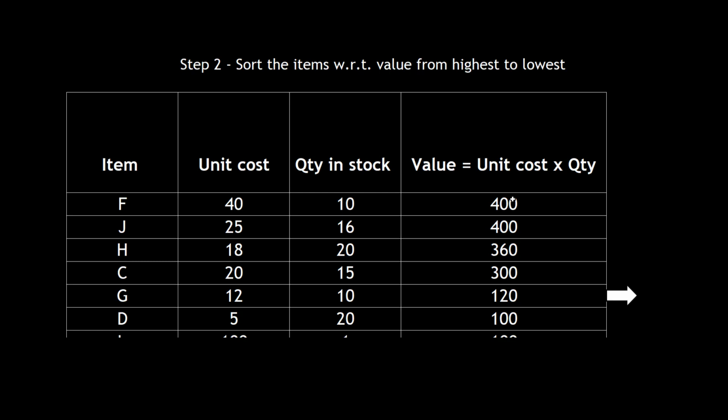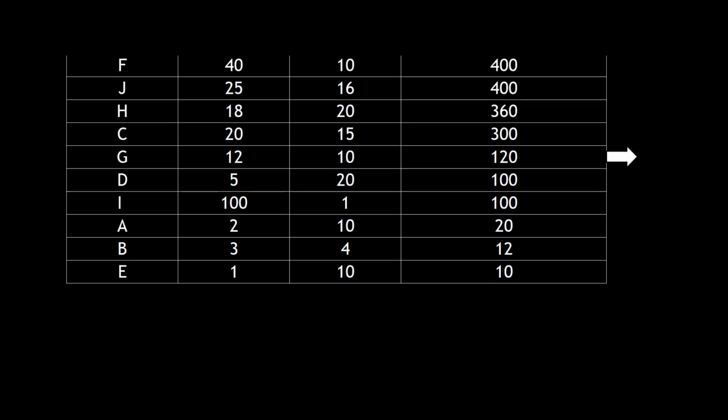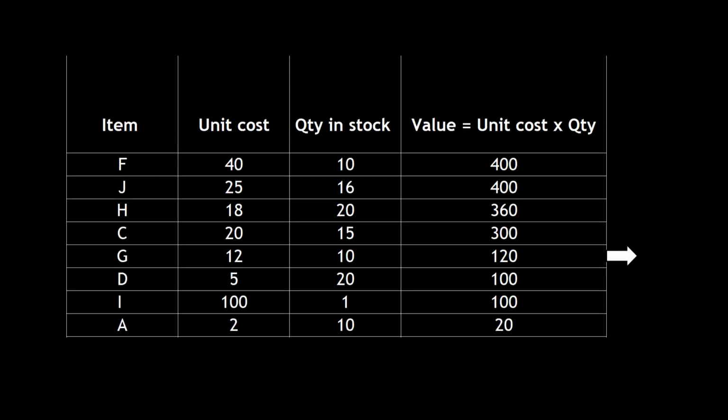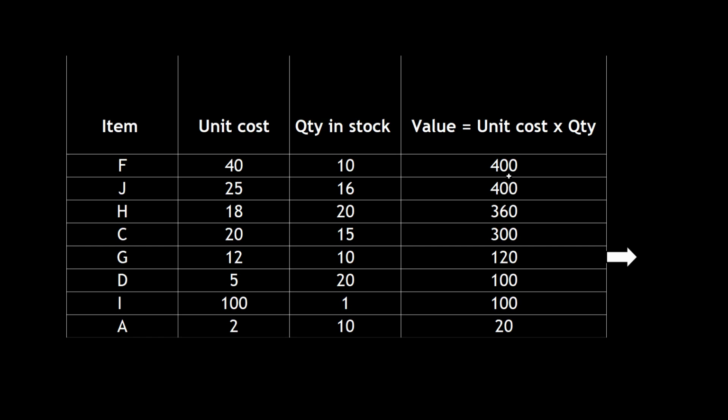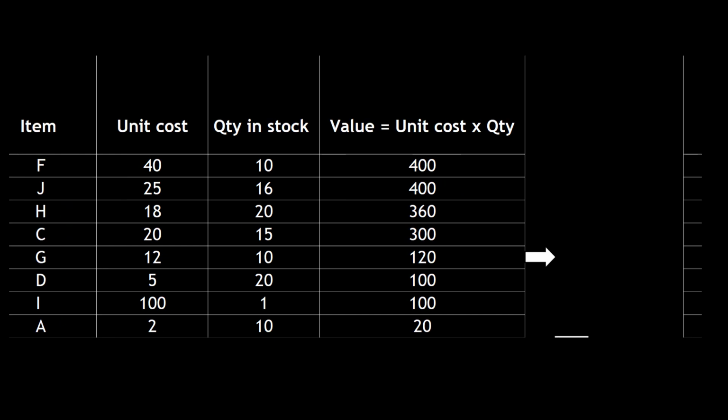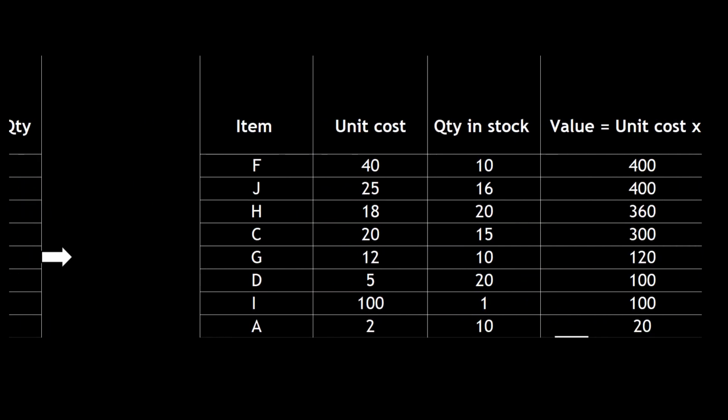Wherever there is a tie, you can put any of them as first and second, or third and fourth. Here there is a tie between F and J, so either J can be up or F can be up, anything. So we have arranged the items with respect to value from highest to lowest.